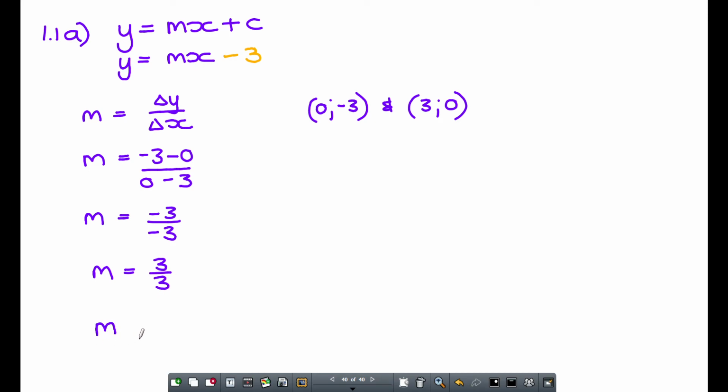And that means your gradient would be 1. So the final equation is y is equal to 1x, or just x, minus 3. Any questions? You guys good?